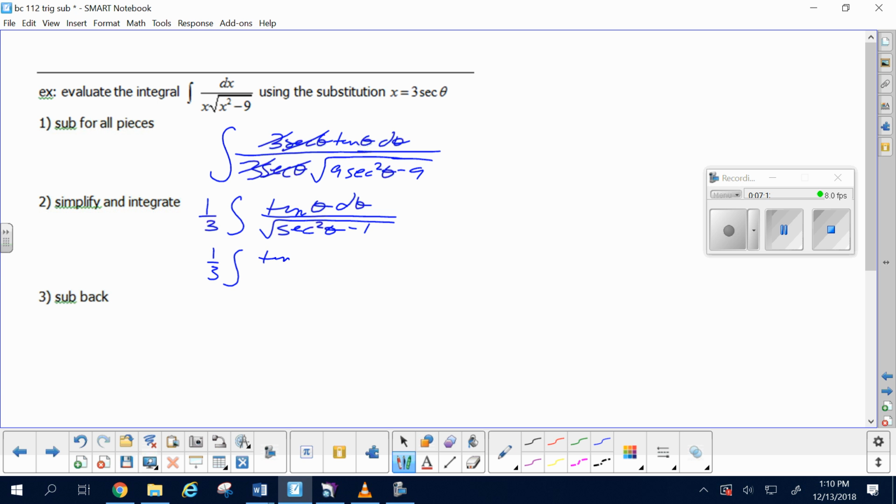Do this right, the antiderivative should be really easy. It was a square root, so that's even better.